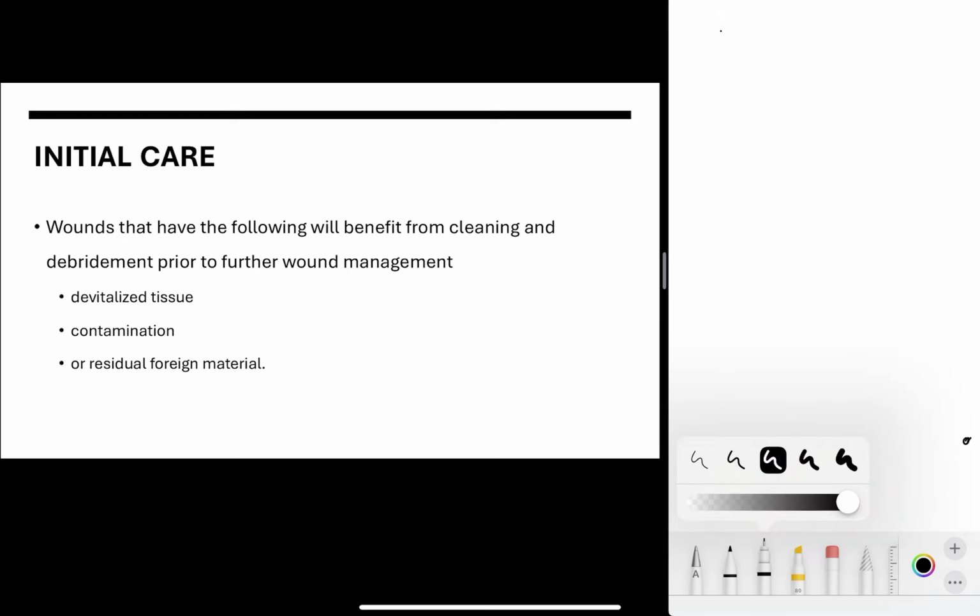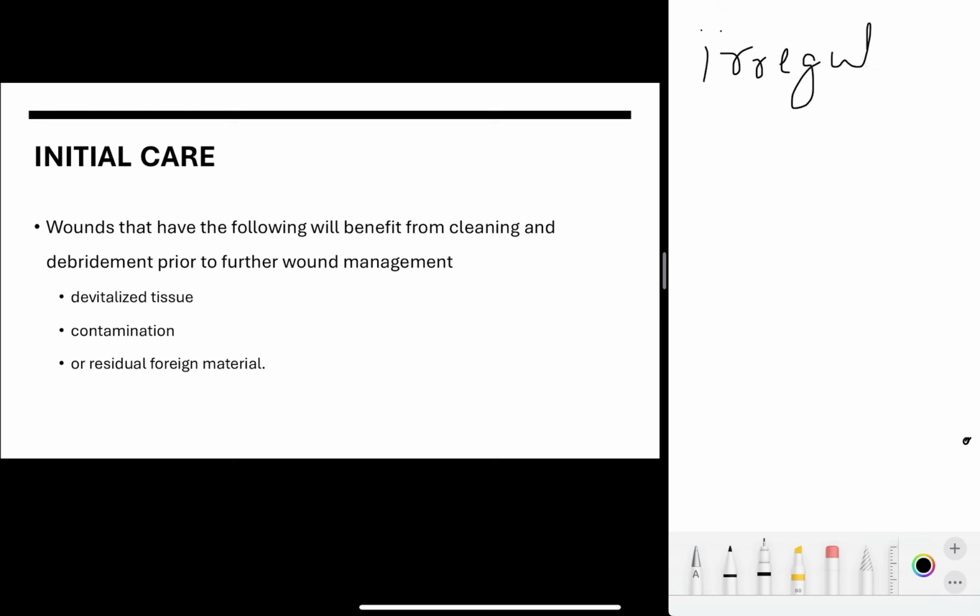Acute traumatic wounds may have irregular and devitalized edges, or they may contain foreign material within the wound.